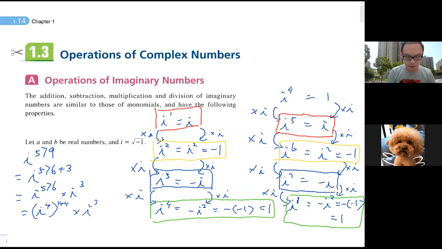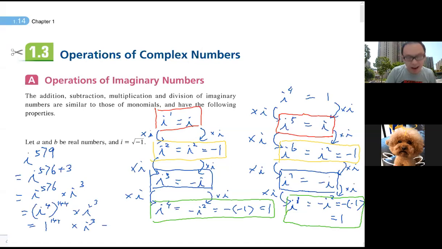Okay? And we know that i to the power 4 will be equal to 1. So 1 to the power 144 is just equal to 1. You can just ignore this part. So what is essential here is i to the power 3.